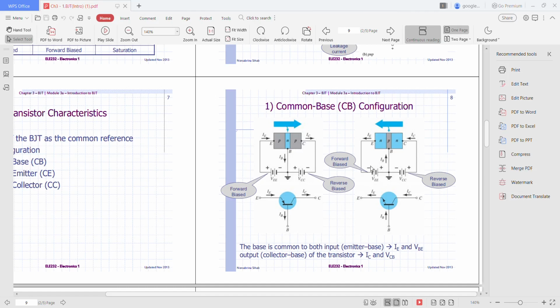If you change the polarity of your source, plus and minus, what will happen? The current will be flowing in this direction. So this is actually reverse bias, and this is actually forward bias, but the current is moving in this direction.